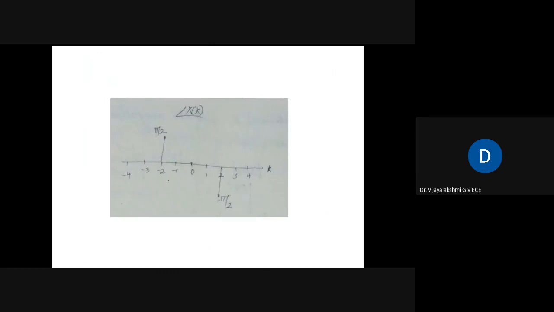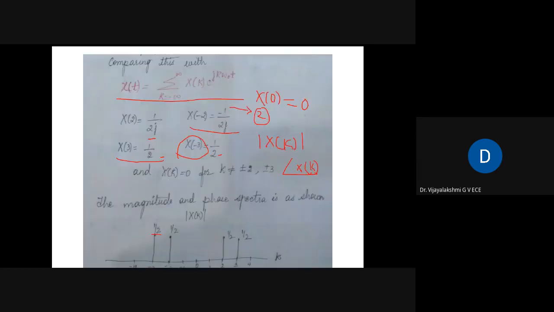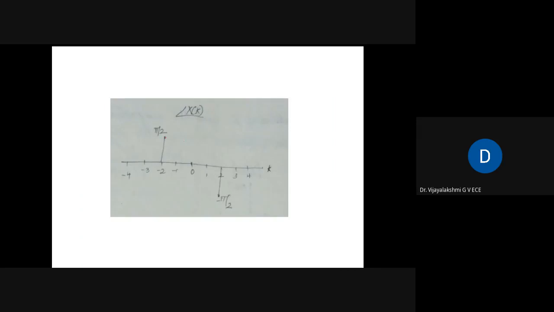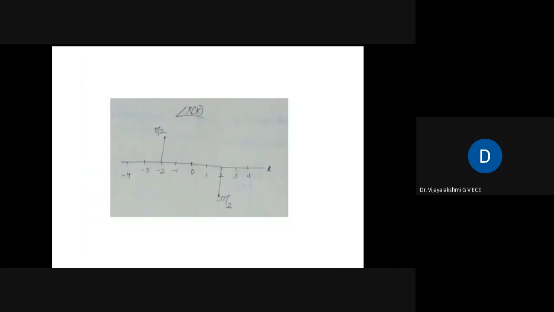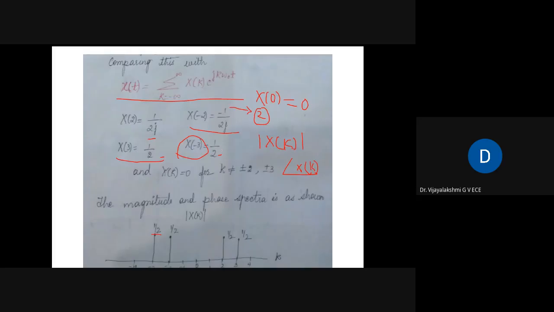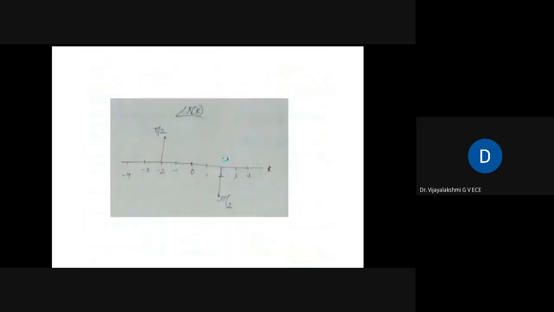So we have plotted that here. x of minus 2 is minus 1 by 2j, so it is plus pi by 2, and x of 2 is 1 over 2j, so it is minus pi by 2. And for x of 3 and x of minus 3, we don't have j terms, so I don't get any phase, so the phase is 0.